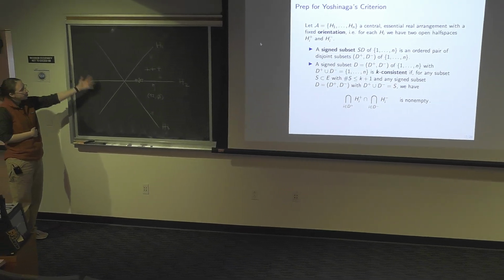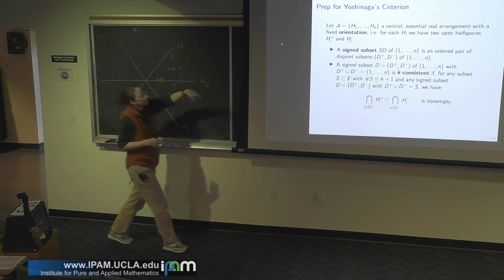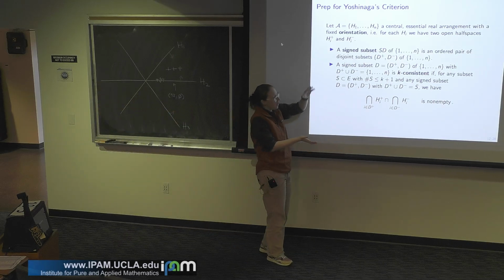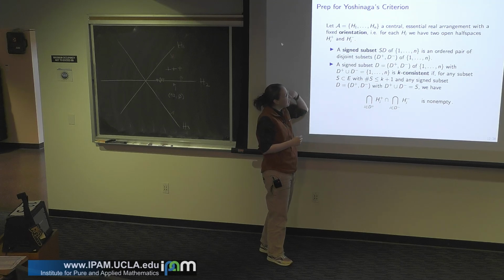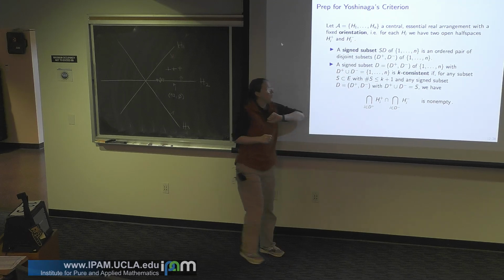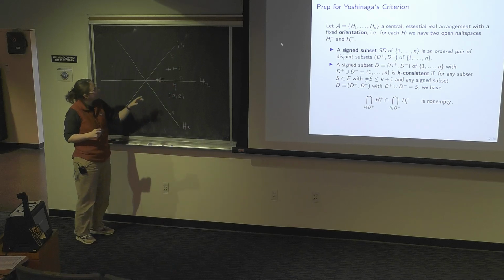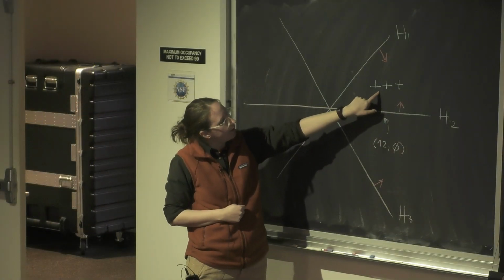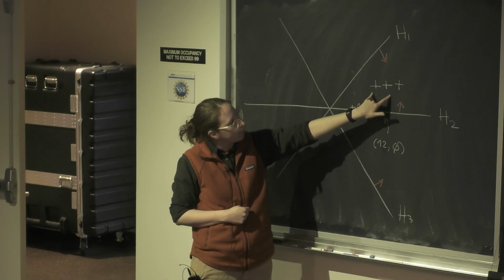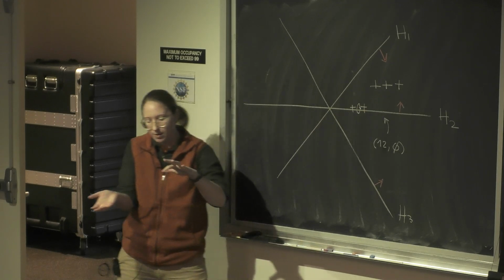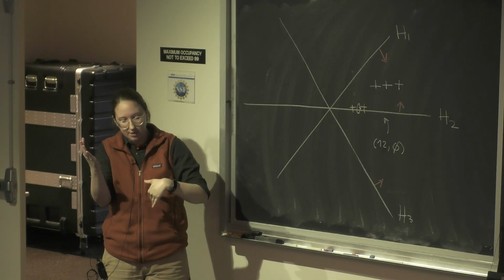Okay. So the point is that these signed subsets are telling you about the ways to intersect half spaces, and that's what we want to check. So this K-consistent criterion is saying that this particular plus plus plus vector, if you intersect all those hyperplanes, you get something non-empty.